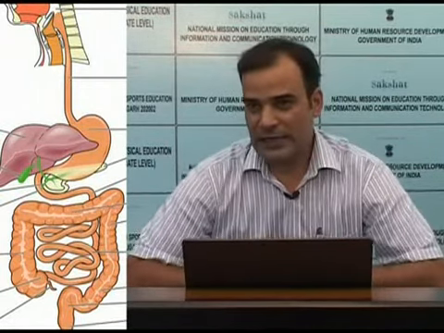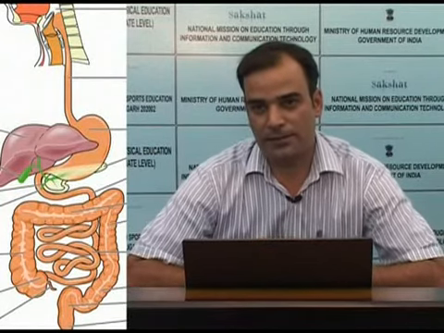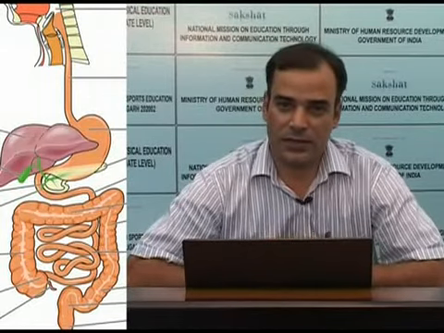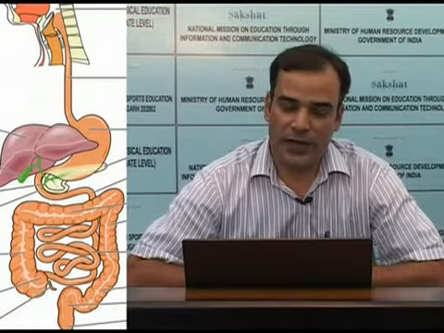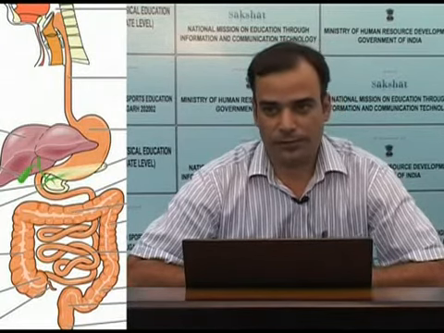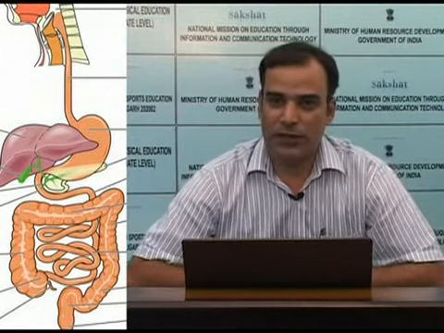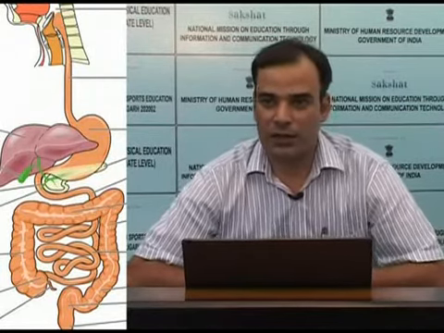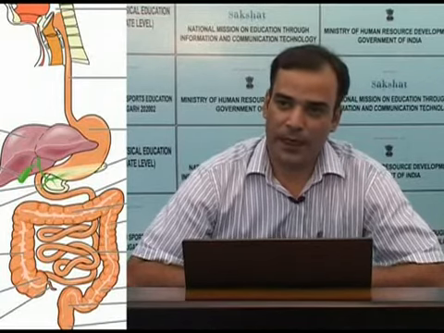Besides these 4 basic layers of the gastrointestinal tract, there is also a layer of sparse muscles called the muscularis mucosa. This muscularis mucosa lies between the submucosa and mucosa. Apart from this, 2 very important nervous plexuses, that is, networks of neurons, also lie between these layers.